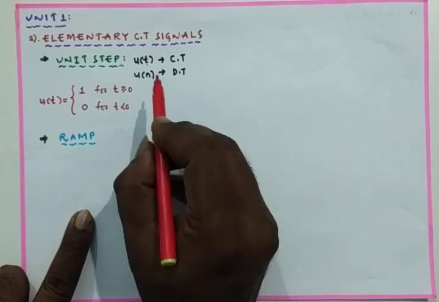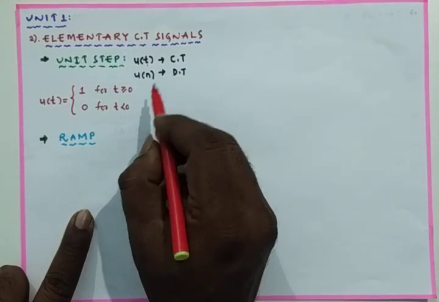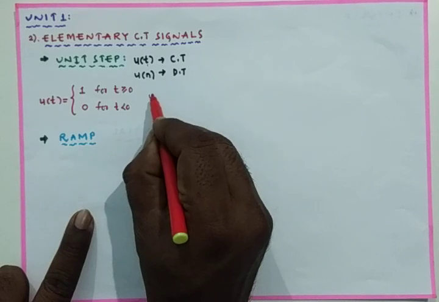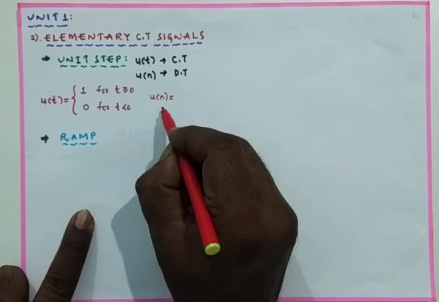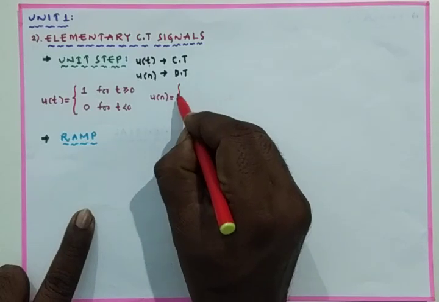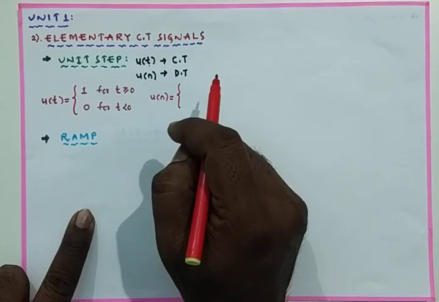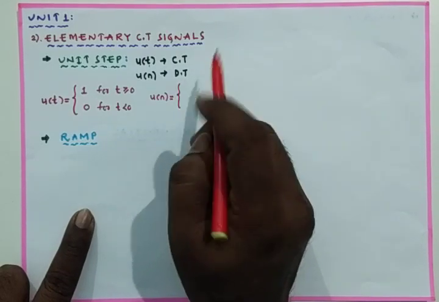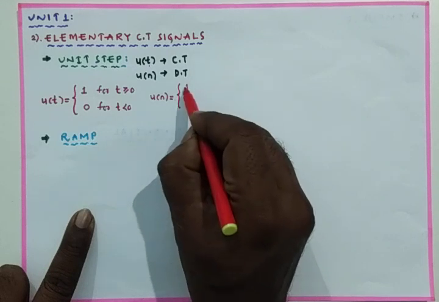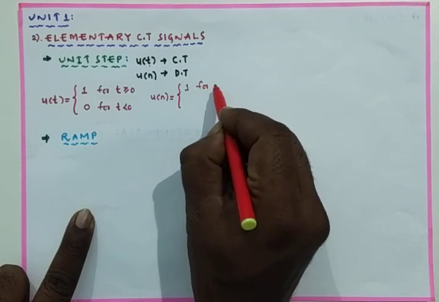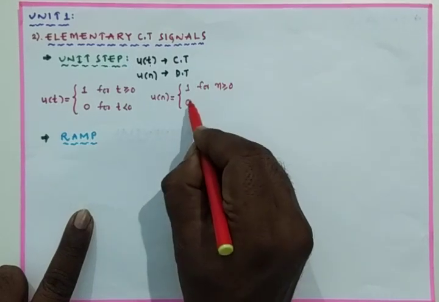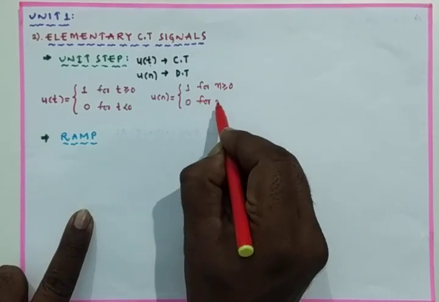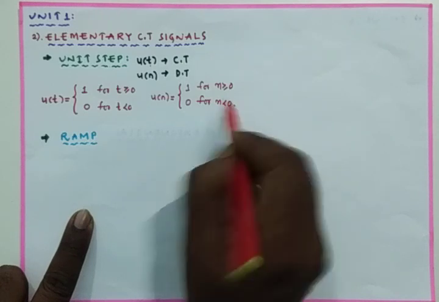If you want to define the discrete time unit step signal, that is u of n, here n is an integer value, that may be a positive integer or negative integer. U of n is equal to 1 for values n greater than or equal to 0, otherwise 0 for n less than 0.